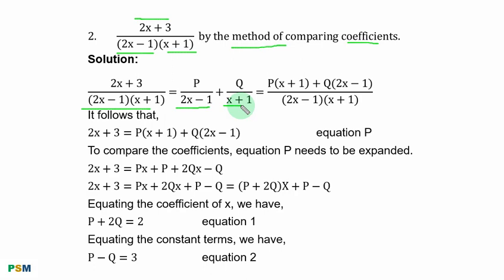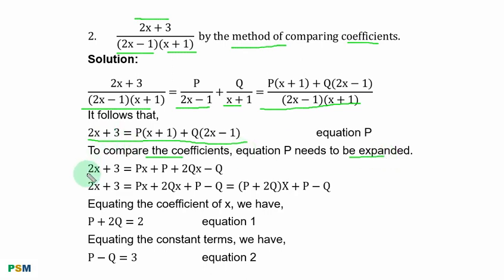When you find the LCM and simplify, you have this result. Next, you multiply through by the LCM to clear fractions, and you have this result as equation P. To compare the coefficients, equation P needs to be expanded.